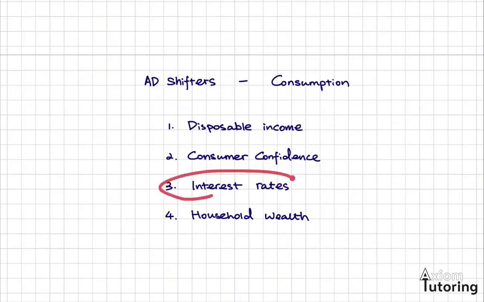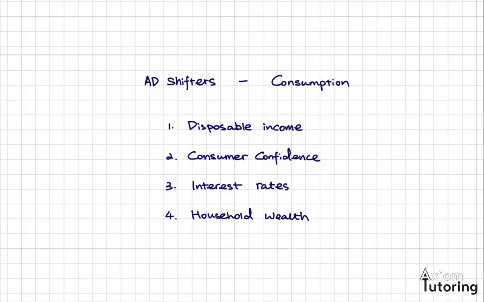And changes in interest rates also influence consumption. Lower interest rates can increase consumption through several channels. First, borrowing becomes cheaper. Second, households with variable rate mortgages may face lower monthly repayments, and this leaves them with more disposable income. Also, the lower interest rate makes saving less attractive.